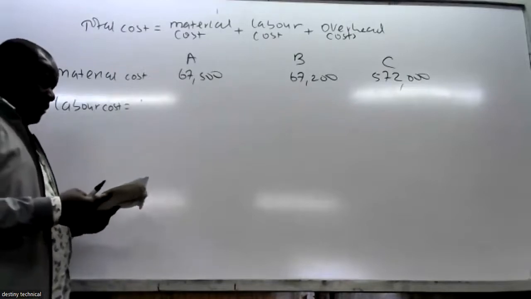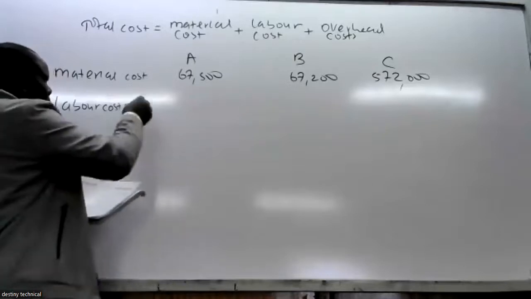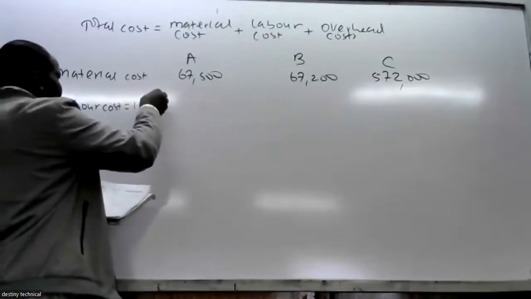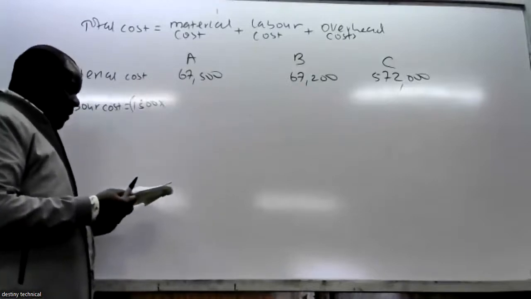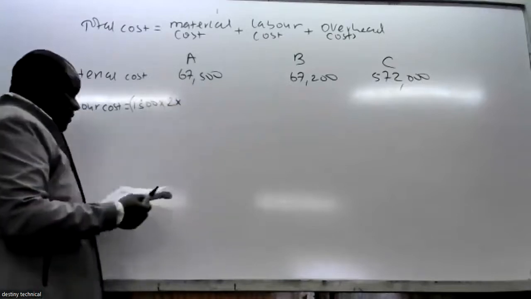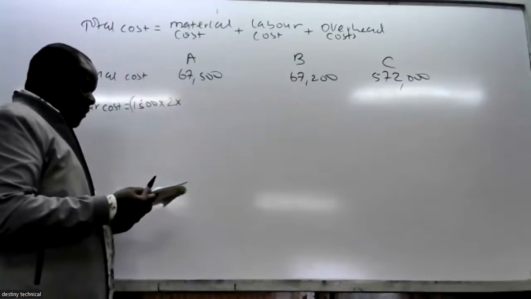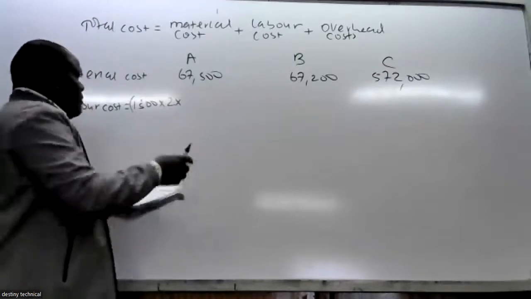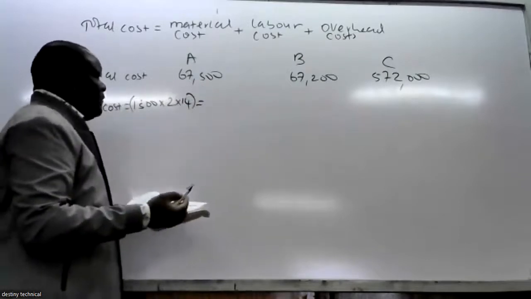So for A, we have 1,500 units. The labor hours per unit are 2. Then we multiply by the labor rate per hour in note number 1, which is 14. So that should give you the figure.